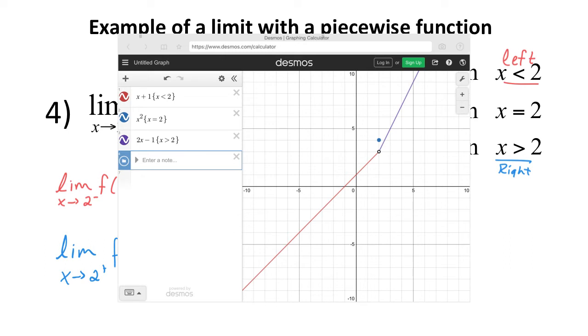So the limit is talking about as I approach 2. As x approaches 2 from the left and from the right, we're approaching this open undefined circle at 2, 3. And this closed circle is just an extra point on the graph, but I do not approach that point as I get close to 2.